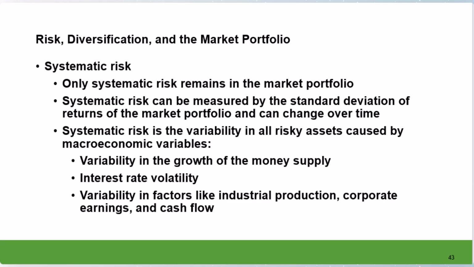It's the variability of all risky assets caused by macroeconomic variables: supply of money, interest rates, variability in things like industrial production, corporate earnings, and cash flow. That's incorporated into this systematic risk, if you will.